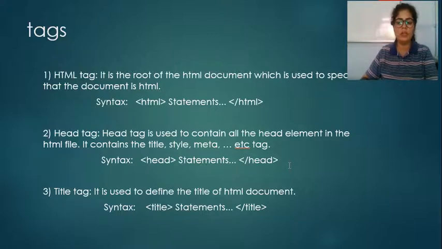The title is not an executable part of the HTML document, but it gives you a description about the whole page. In some cases the user doesn't want to check all the web pages, he just wants to check the title, to see what the web page is about.